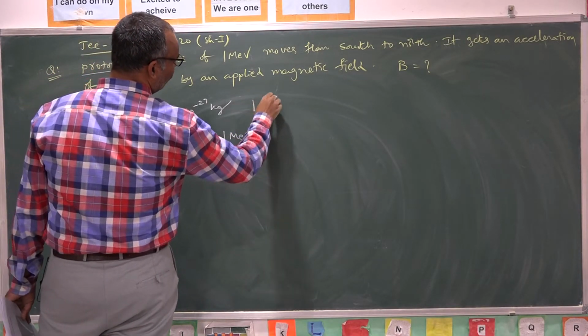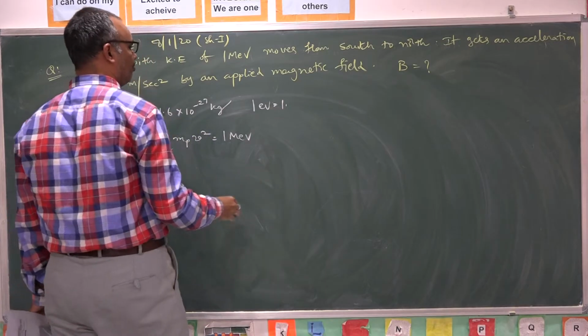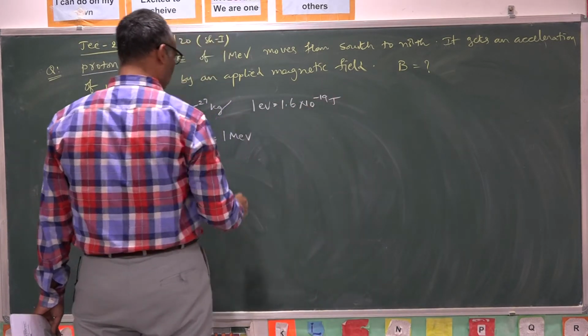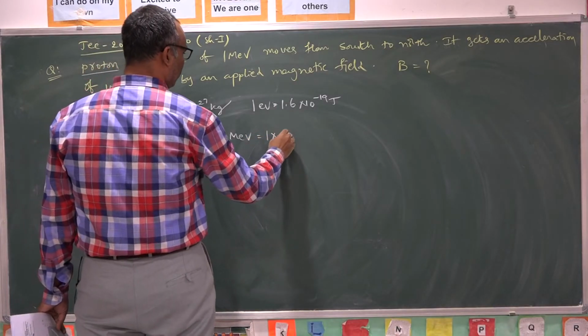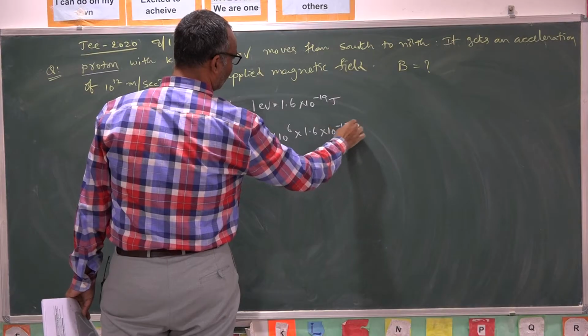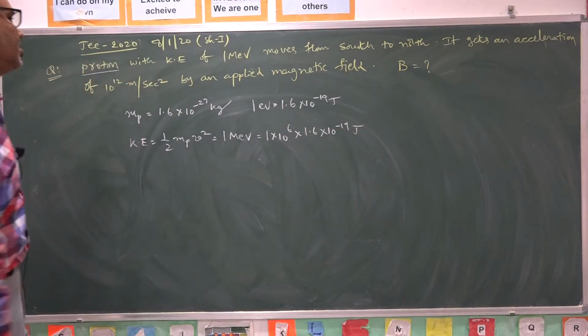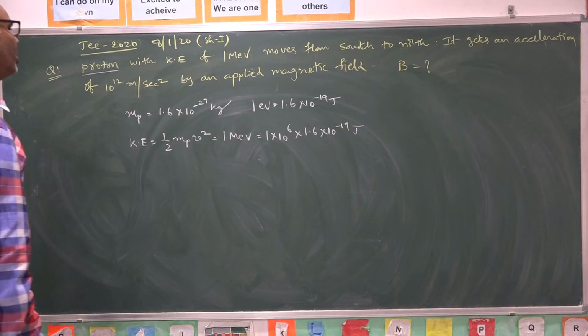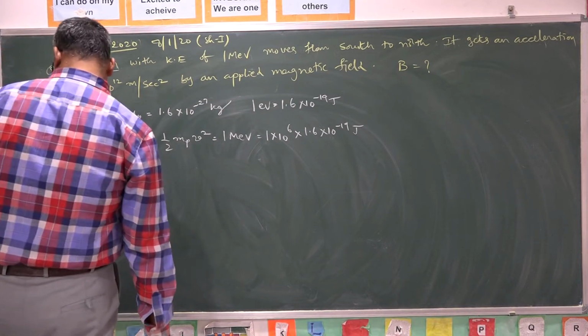You know that 1 electron volt is equal to 1.6 into 10 power minus 19 joules. 1 mega means 10 power 6. This is the kinetic energy of the proton. From this you can calculate velocity.